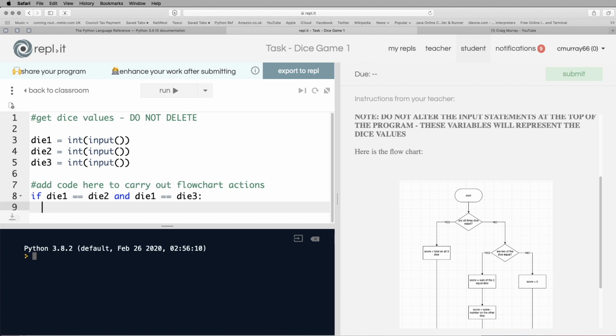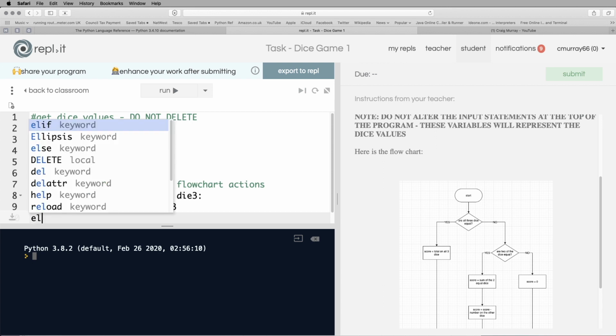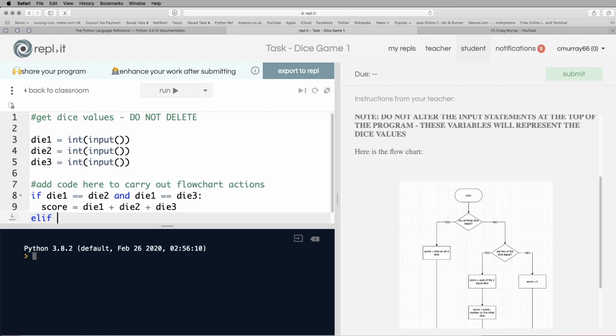Then we can say the score is equal to die 1 plus die 2 plus die 3. Some people might have said it's 3 times die 1, being as they're all the same, and that's true as well. That is absolutely fine.